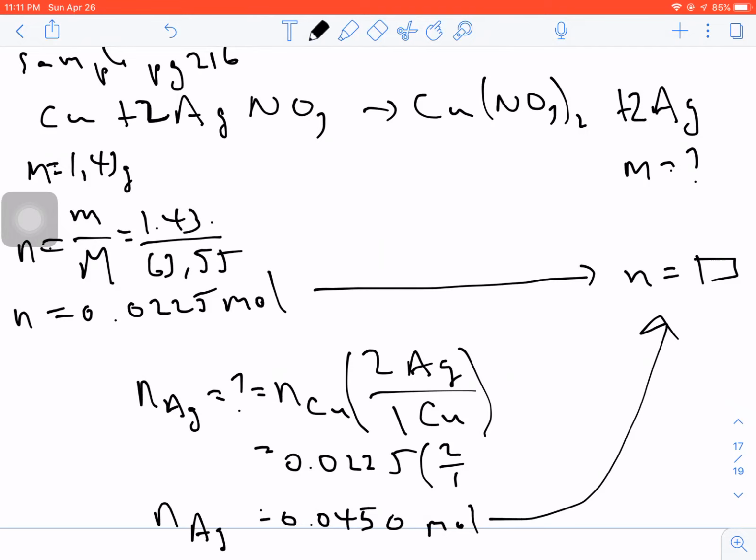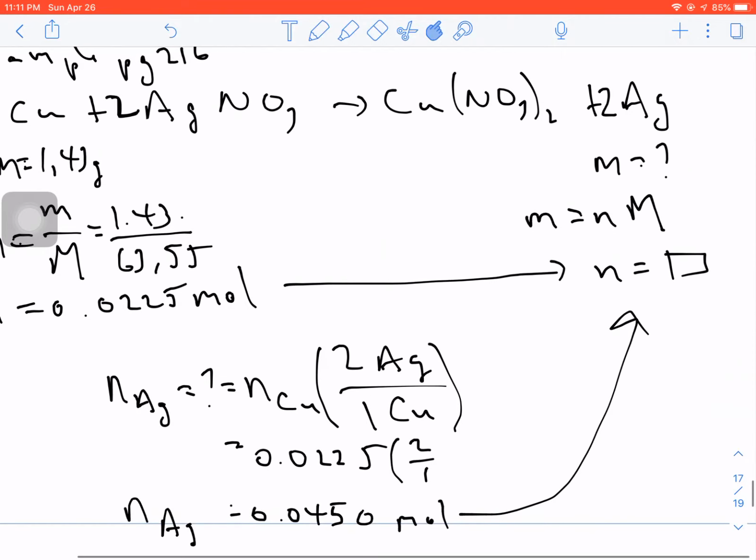I can calculate the mass of silver because I know that the mass, which is unknown, is equal to my number of moles times the molar mass. So my number of moles is 0.0450. Actually, I'm going to get rid of this arrow because it's just in the way.